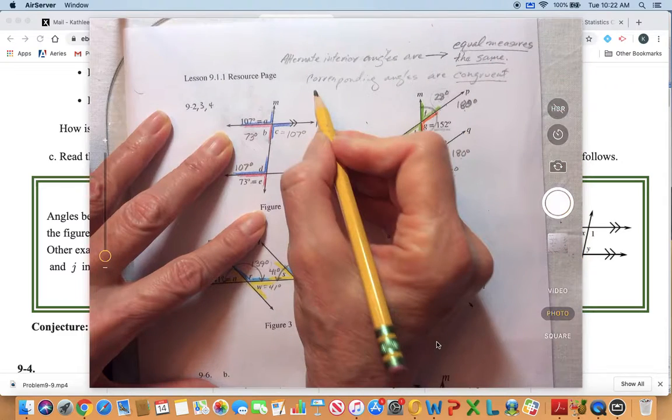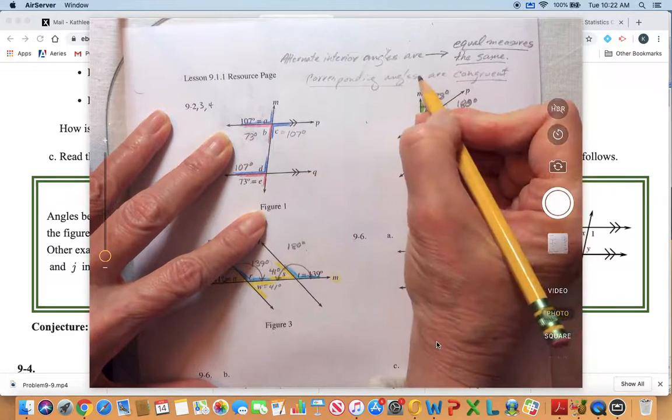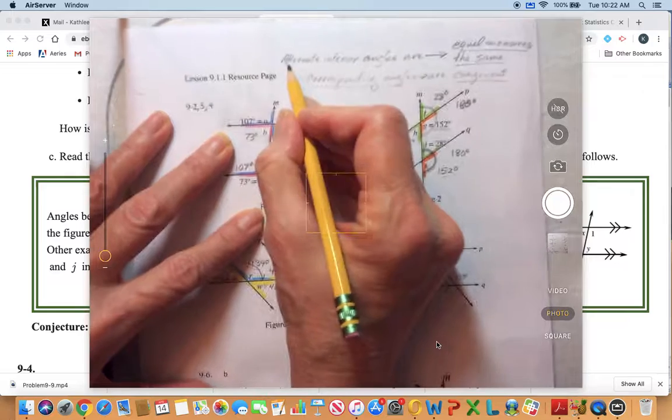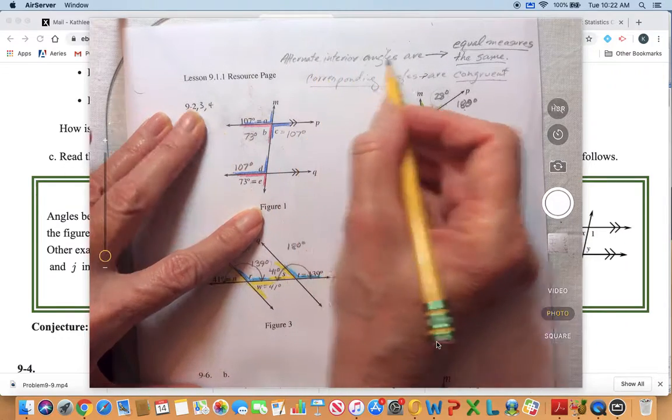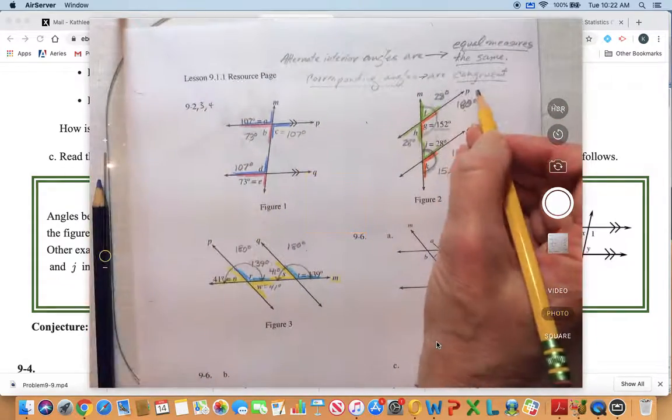Just as we found with corresponding angles, we are finding out that alternate interior angles are also equal.